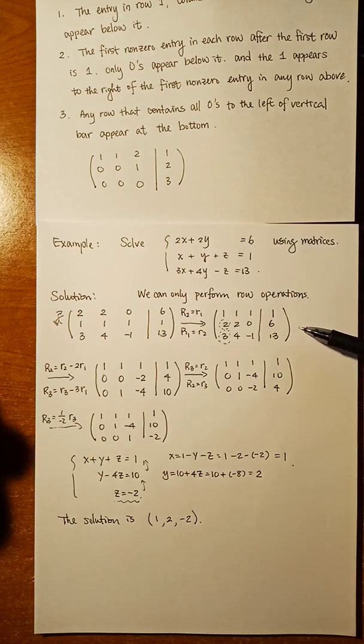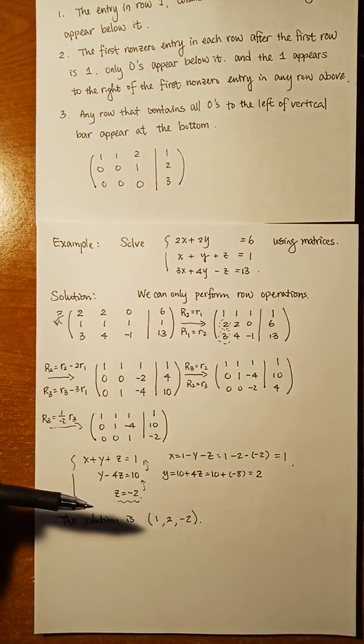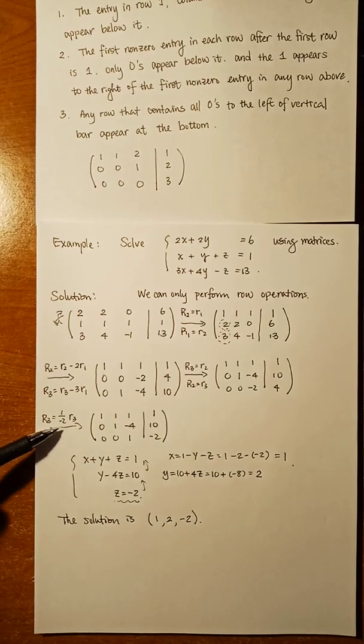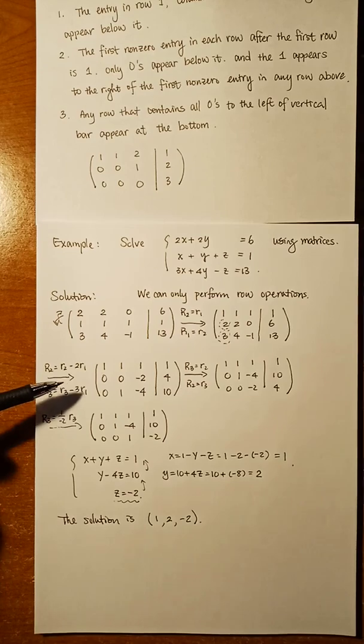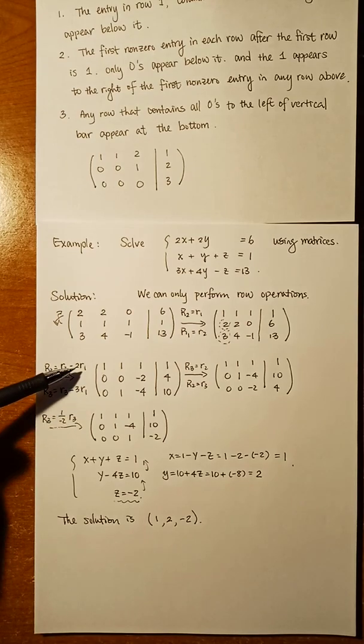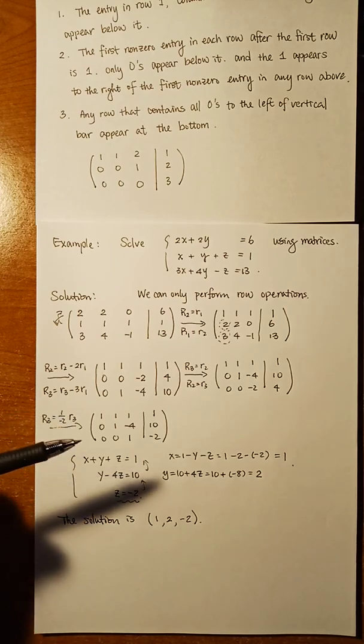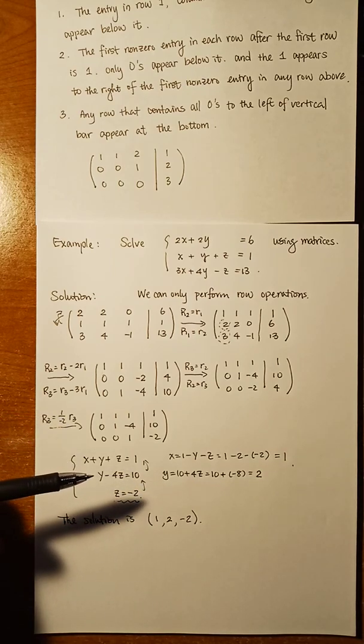You cannot do extra operations, just the row operations: exchange two rows, multiply a row by a certain non-zero number, add or subtract a certain multiple of a row to another row. Right?